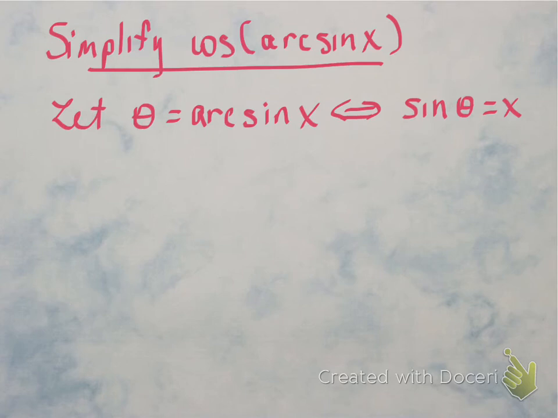So what I'm going to do is draw the right triangle that has angle theta, and I am going to label its opposite side x and its hypotenuse 1. So notice that in this triangle, if you remember your SOHCAHTOA, sine of this angle theta is equal to x over 1, or is equal to x.